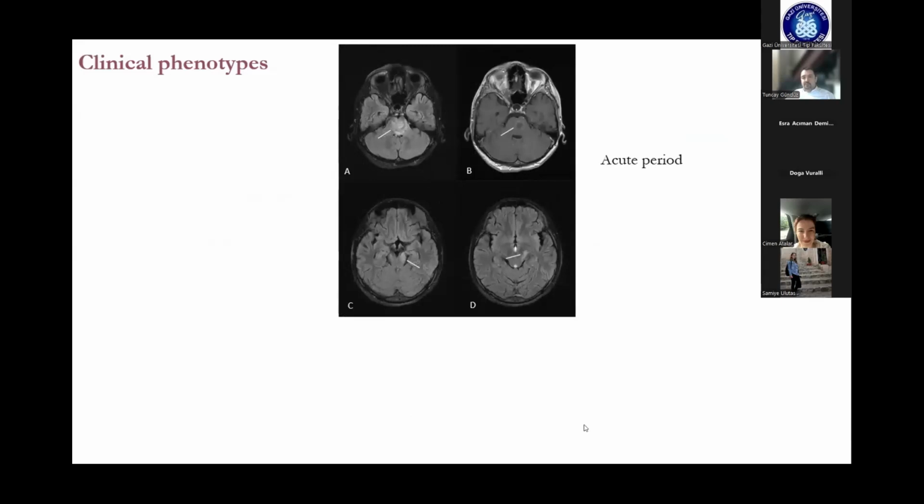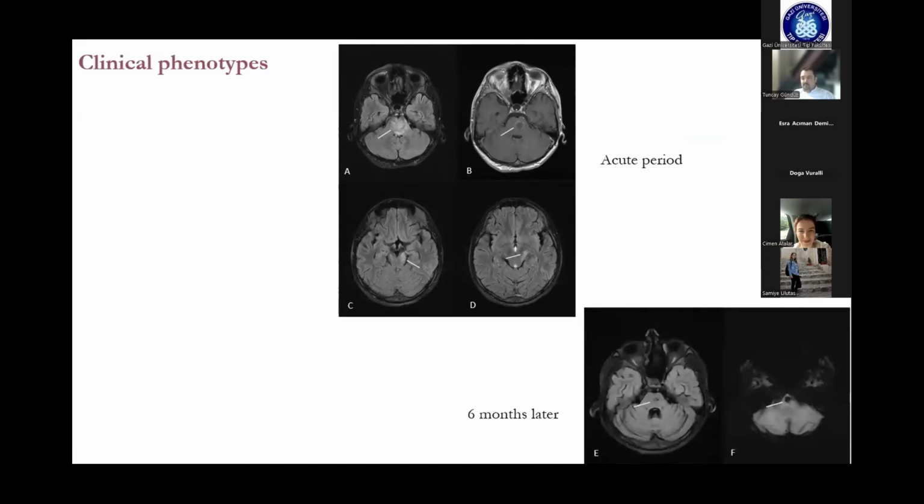In the acute period, as I mentioned, you see a T2 lesion in the brainstem, and the most inflammatory part of this lesion is the small, peripherally contrast-enhancing lesion.